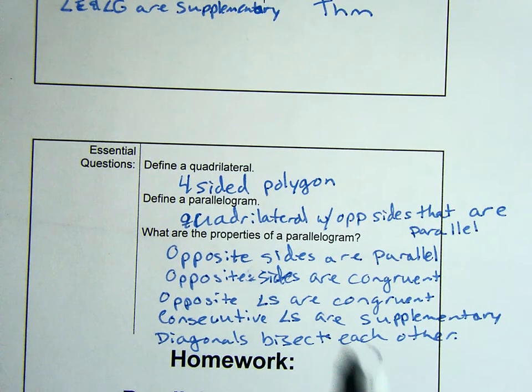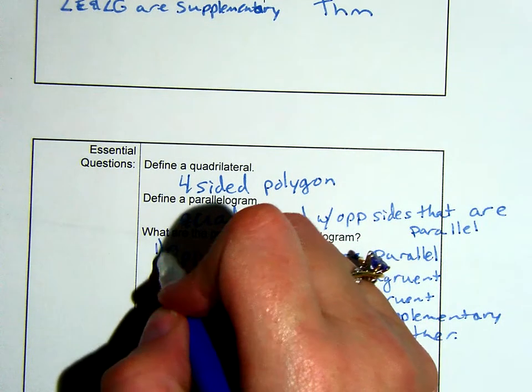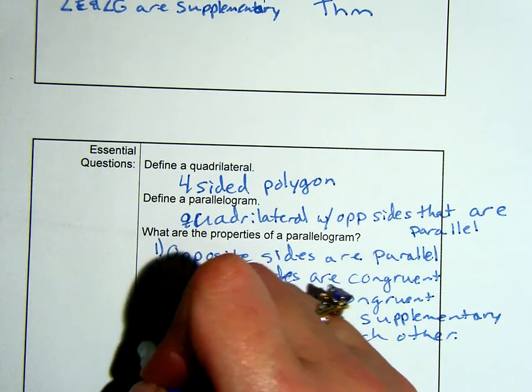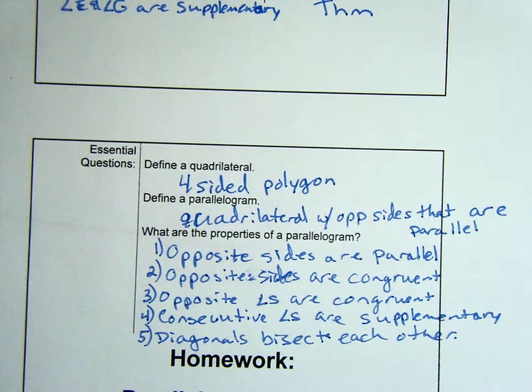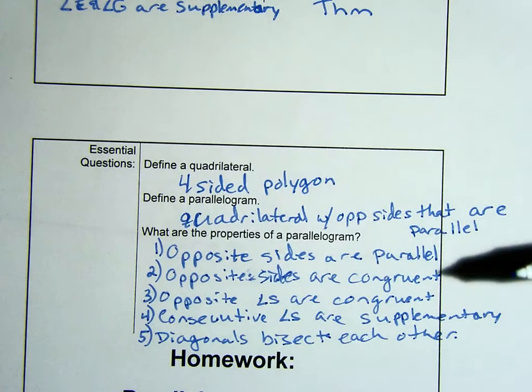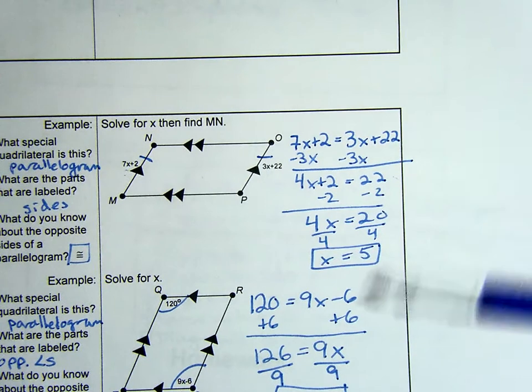You need to memorize these 5 properties. If you don't memorize these 5 properties, you are not going to be able to do problems such as these examples.